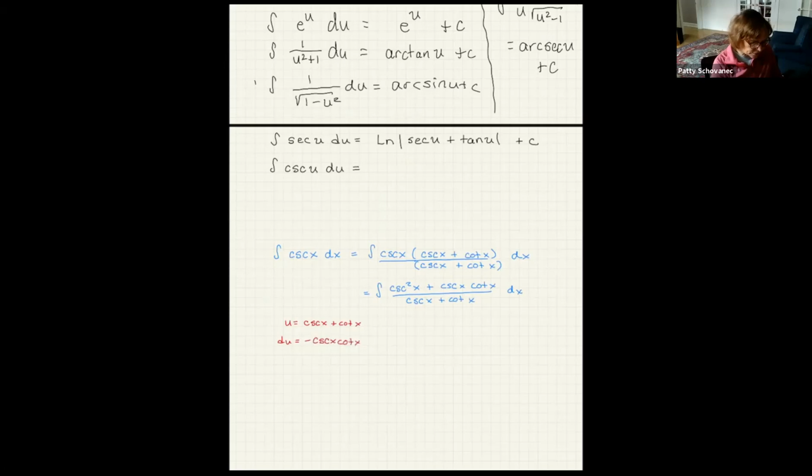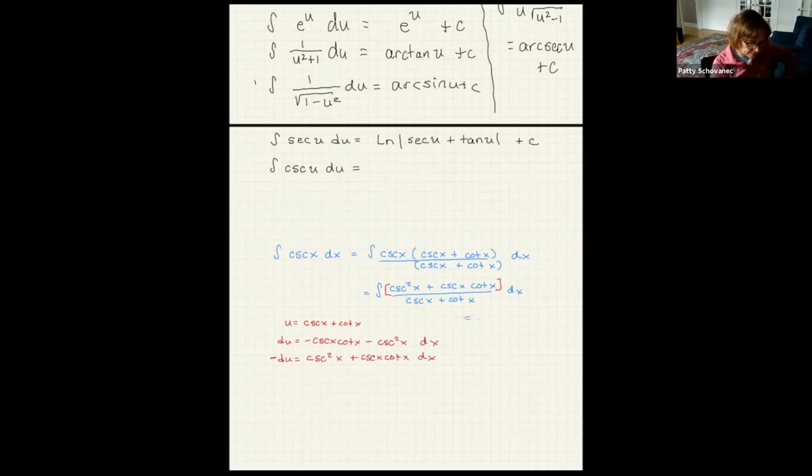And the derivative of cotangent is negative cosecant squared of x. So it's the same stuff I have in the numerator up here, written backwards with a minus sign. So I can just move the minus sign over here with the du, and then change the order in which these are written. And my original integral is going to become a minus du over u.